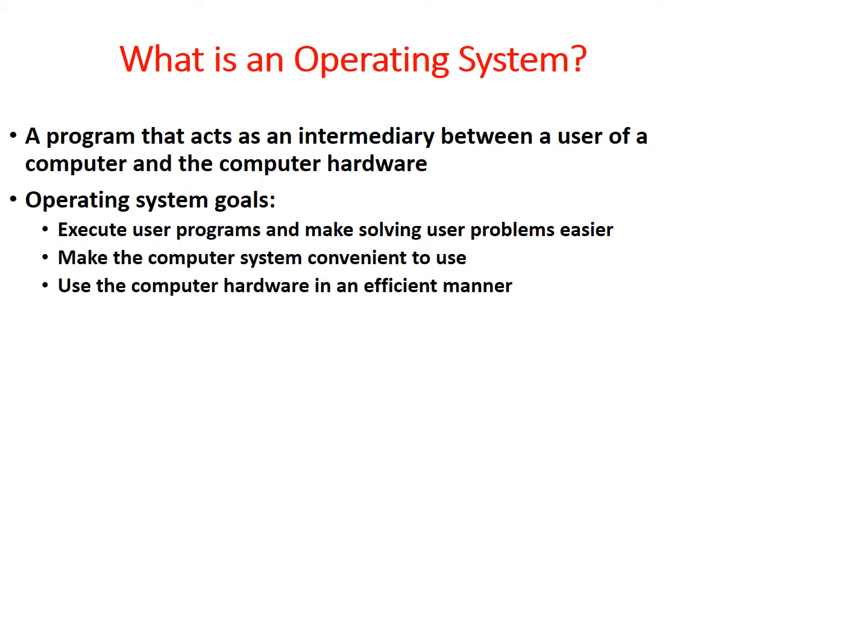What is an operating system? An operating system is a program that acts as an intermediary between a user of a computer and the computer hardware.